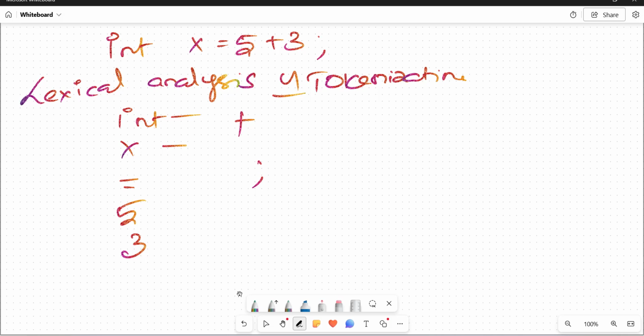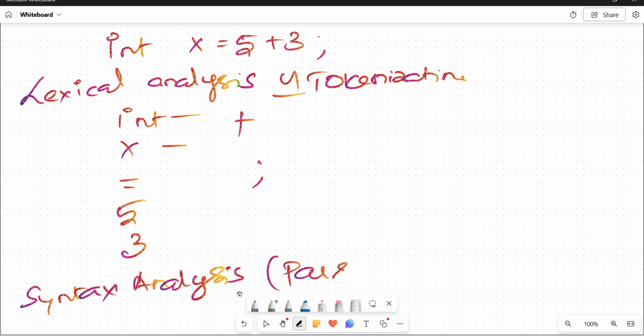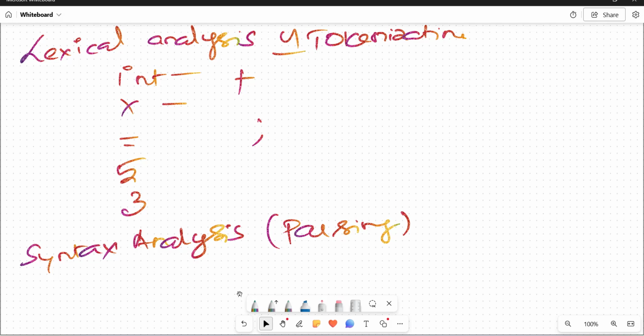The second step is syntax analysis, or else we can say parsing. It checks if the sentence follows the grammar of C, like we check a normal English statement. Is this a valid variable declaration and initialization? Yes.